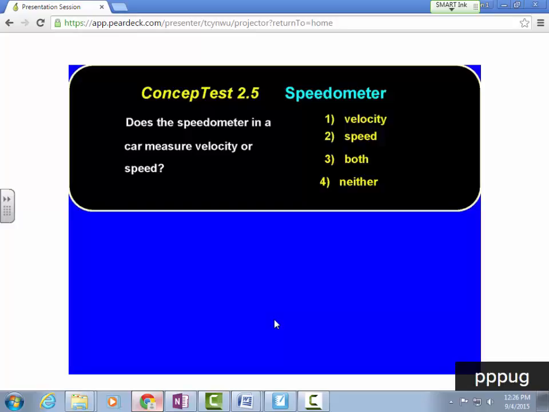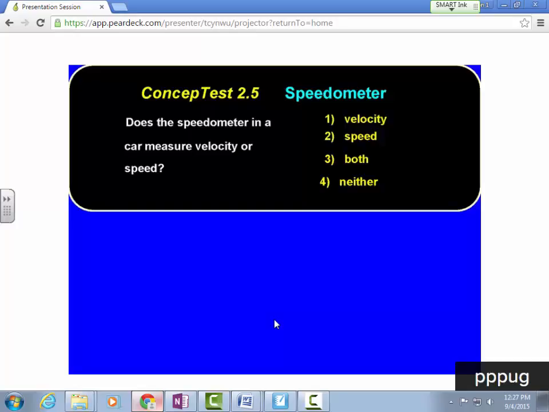And if your speedometer measured your average velocity, what would it measure? 0 is correct, because your displacement is 0. So therefore, your speedometer must measure speed. And this is the type of thought process that you're going to start doing when you start learning how to think physics. You'll see there's a whole thought process associated with this course.